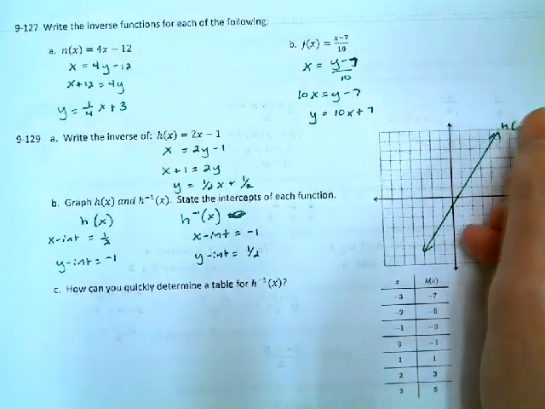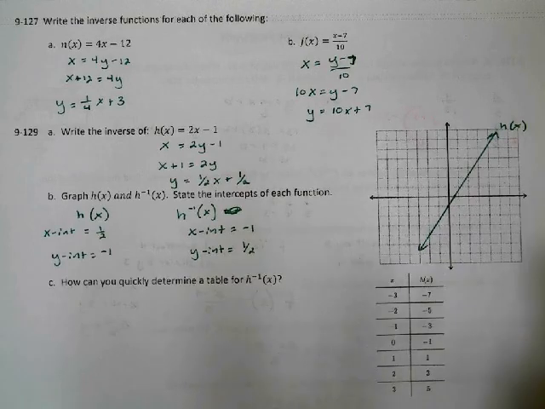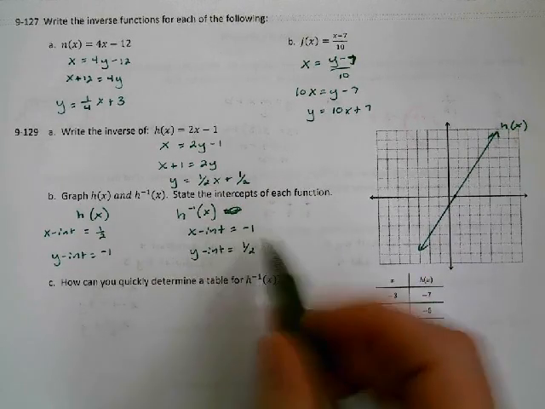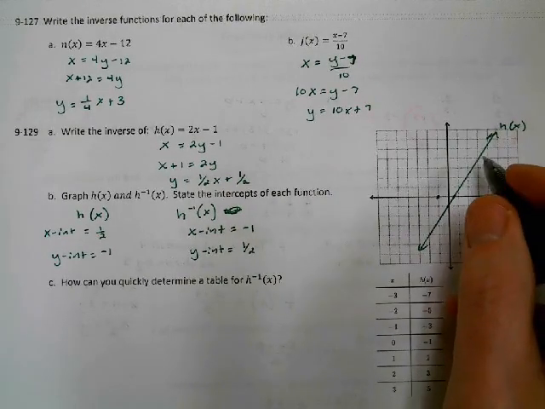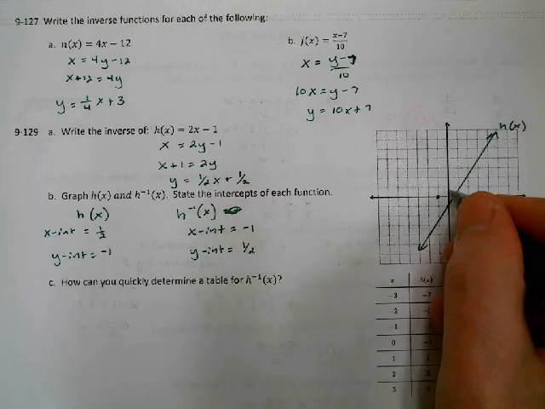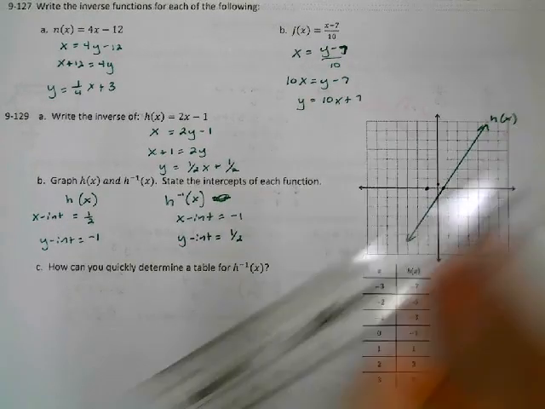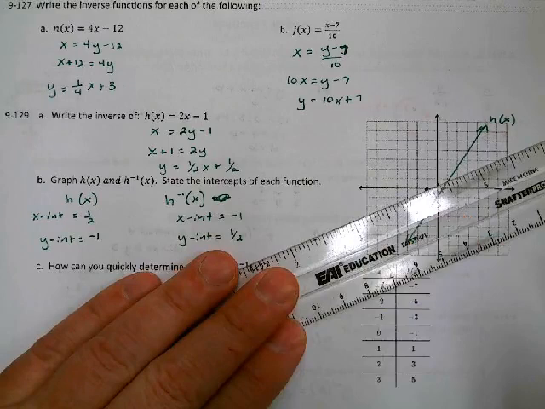And then over here, we've got an x-intercept of -1 and a y-intercept of +1/2. There. Oh, that wasn't good. So our other function ends up looking like that.